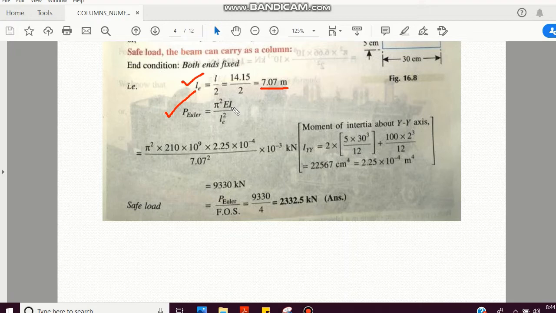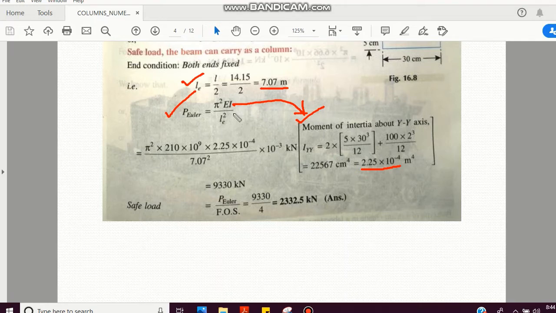But this moment of inertia will be the moment of inertia about the YY axis passing through the CG. So that becomes 2.25 into 10 to the power minus 4 meter to the power 4.